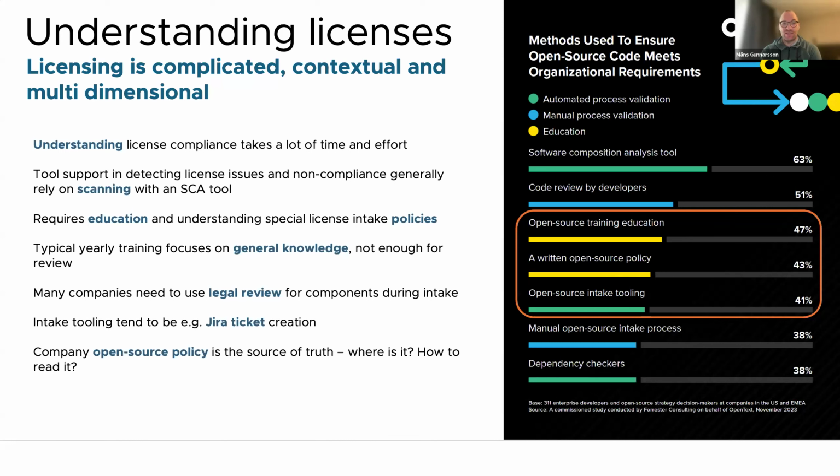Developing this understanding will take time and effort. And there's many tools that will help detecting license issues and non-compliance, but they generally rely on scanning source code or at least manifest files in an SCA-like manner, which is after intake. And these tools still assume a level of understanding of both licensing and the intake policy itself.